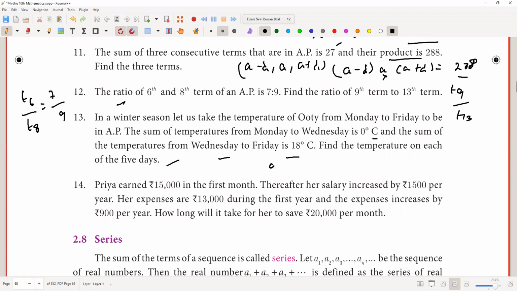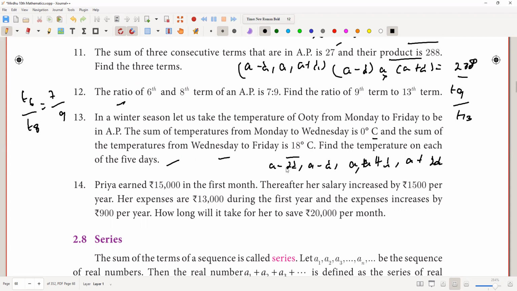So we can take A minus 2D, A minus D, A, A plus D, A plus 2D. What is given? The first 3 days, Monday to Wednesday, sum is 0. Then the sum of Wednesday to Friday is 18.